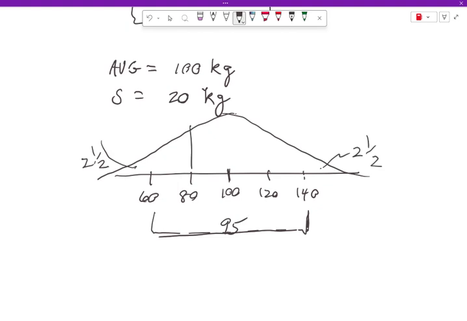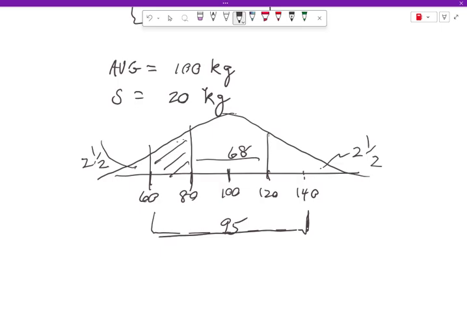What's the chance that the elephant at birth weighs between 60 and 80 kilograms? You only need the pieces. Here's 68. What's in this chunk right here? 95 overall, 68 in the middle.